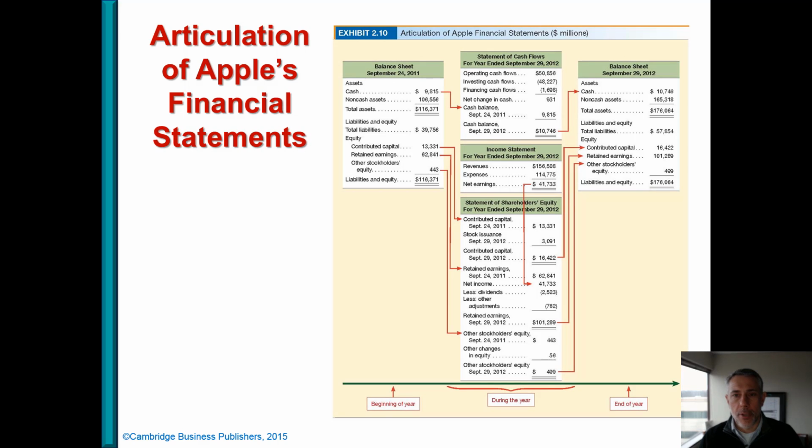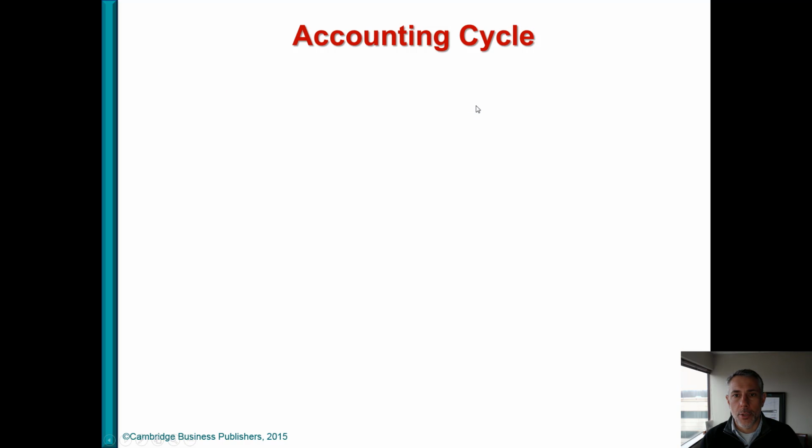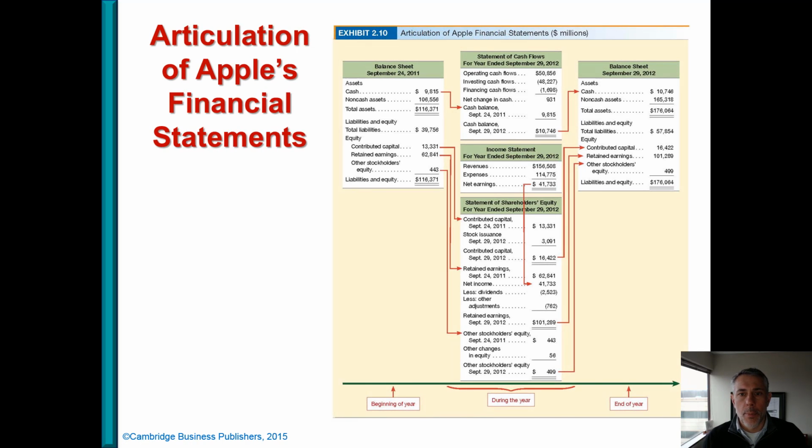This is a nice graphic here on slide number 42, where you have all of the different accounts and where they show up on each of the major financials. So you can track cash. Beginning of period cash is posted from the balance sheet to the statement of cash flows.